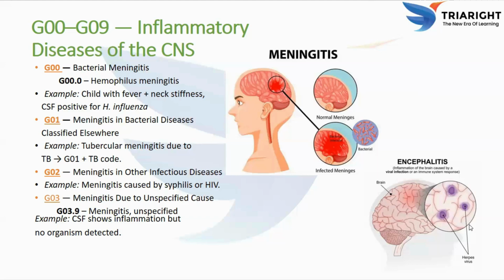Coming to encephalitis, the inflammation of the brain tissue, how is it infected? Through the herpes virus. It is causing the inflammation of the brain, leading to encephalitis, right? This helps you understand the inflammation differences between meningitis and encephalitis.